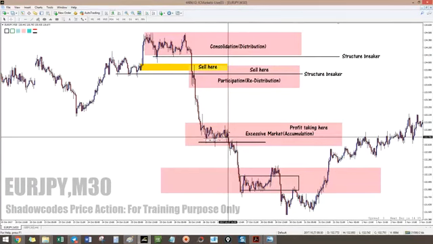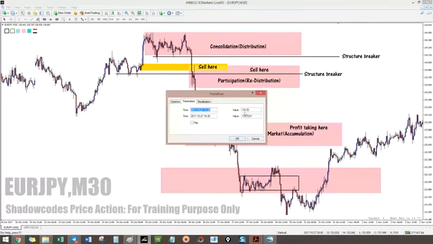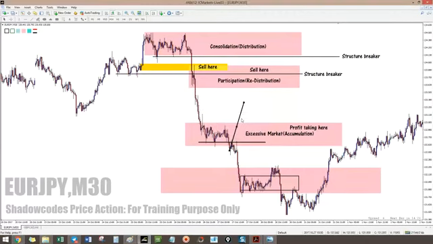After that, you do not enter until the structure is broken. Until there is a structure breaker like this.